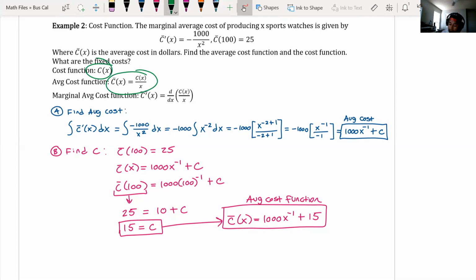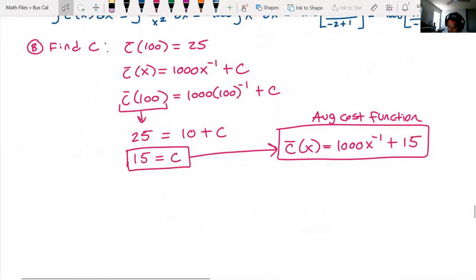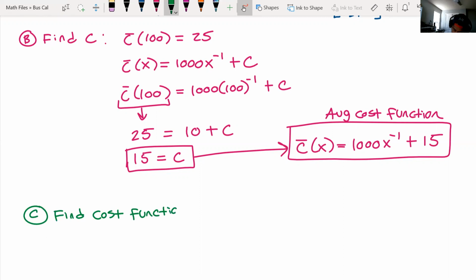So remember, to make an average cost function, it's the cost function over X. So that's what we have to look at here. Find the cost function, C of X.